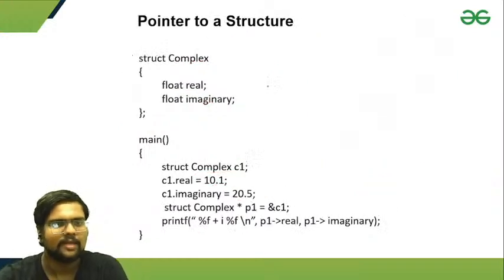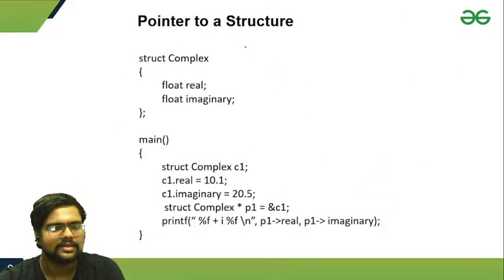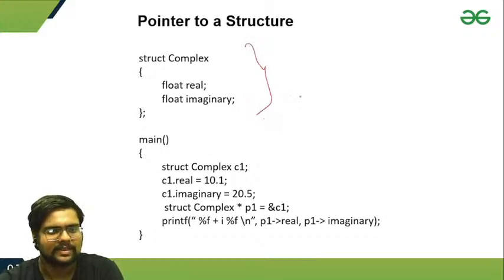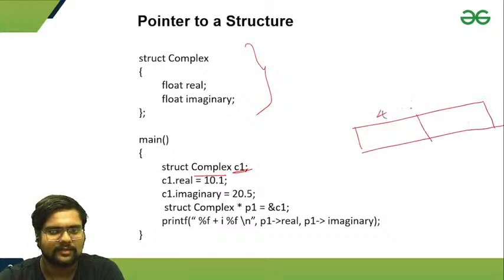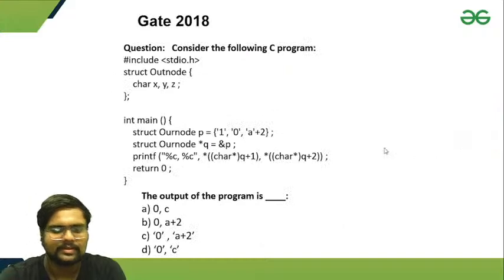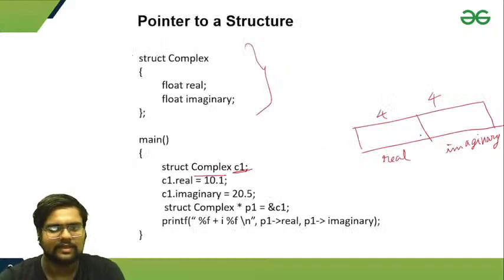Then we have a pointer to structure. So what is a pointer to structure? Suppose we have declared one variable of the structure complex, c1. Memory will get allocated, and it will look something like this. The first 4 bytes will have the real part, and the other 4 bytes will have the imaginary part.